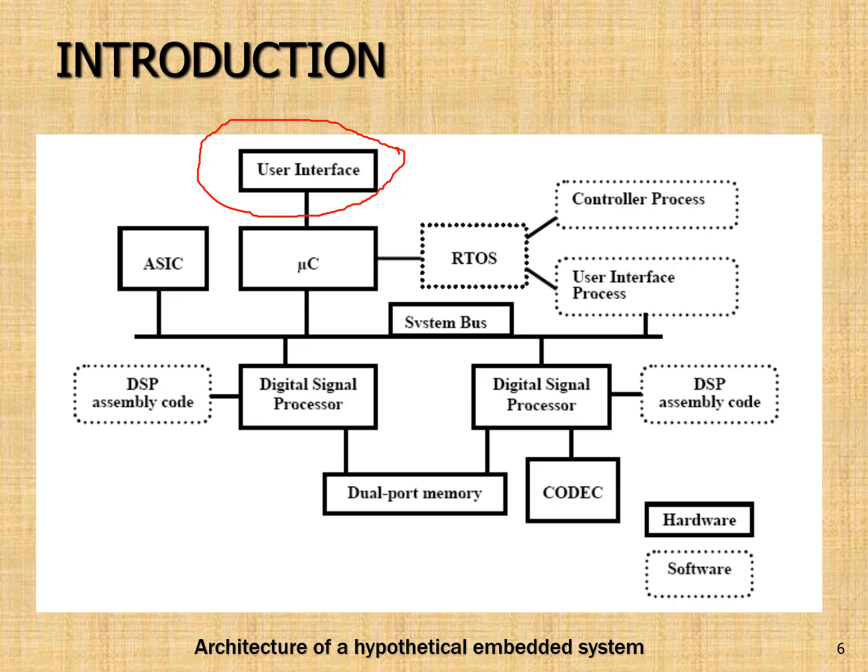This is the microcontroller, which performs very critical operations. So it is acting as the main system controller. It has certain responsibilities. It performs system initialization, device configuration, communication control, user interaction, and it communicates with the other components through the system bus.